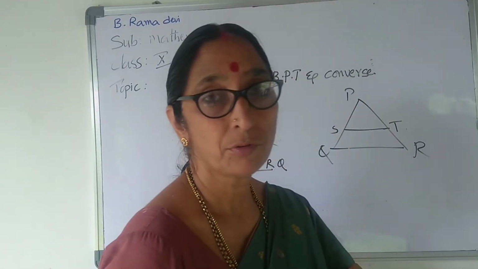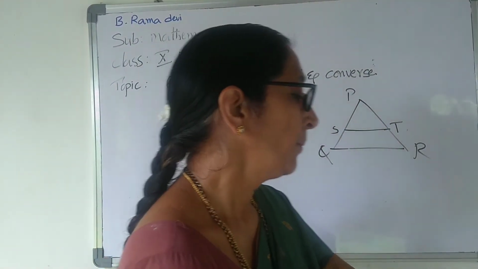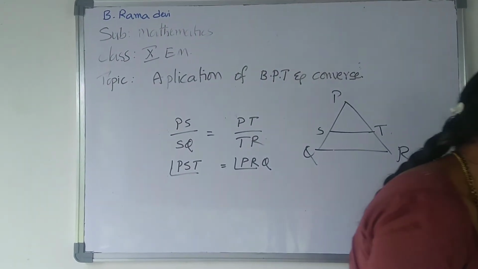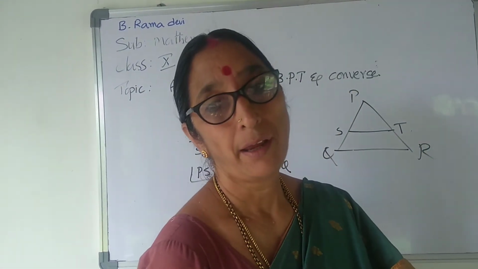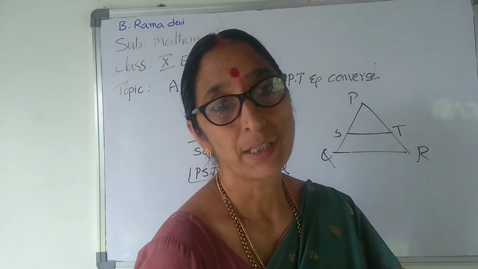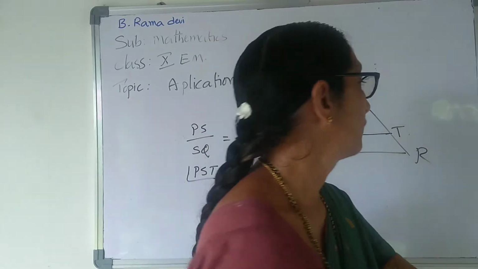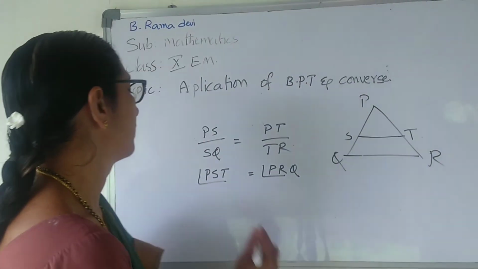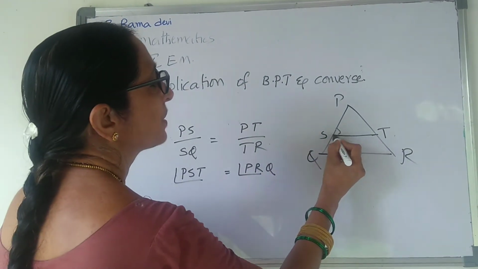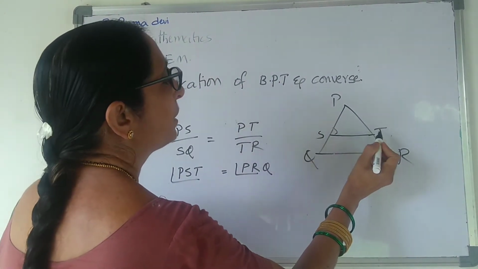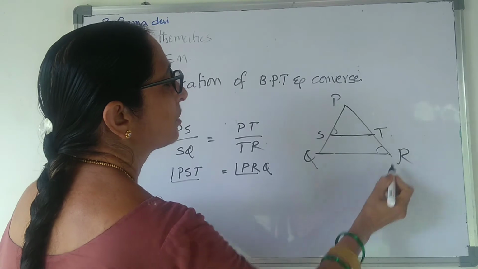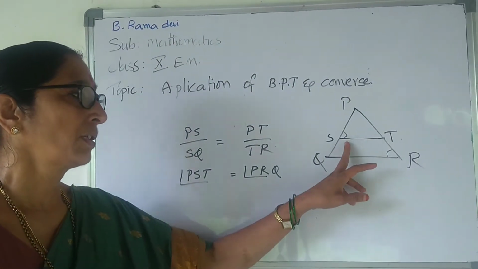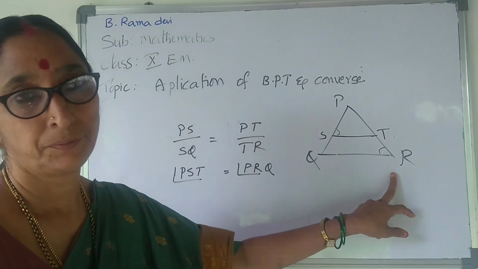We have to prove that PQR is an isosceles triangle. PQR is an isosceles triangle. Angle PST is equal to angle PRQ. This is the data.